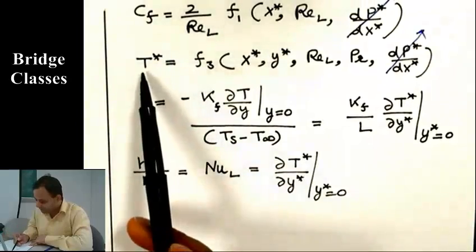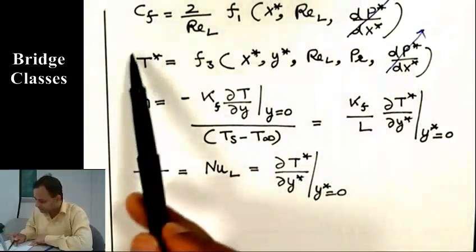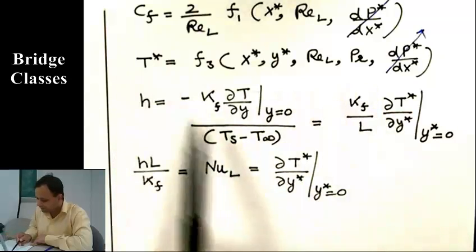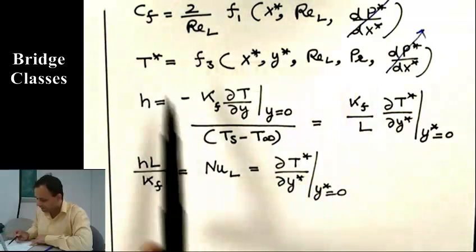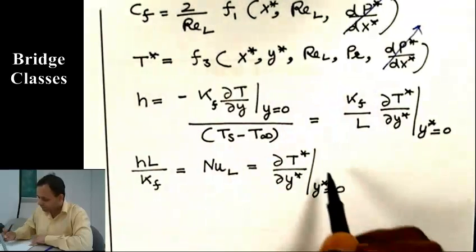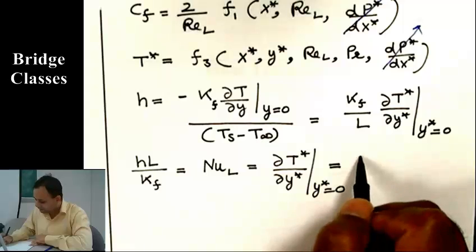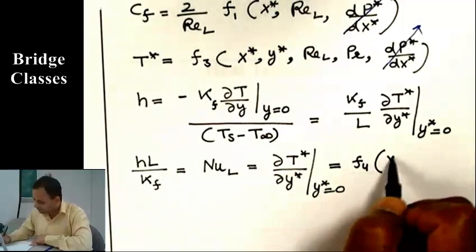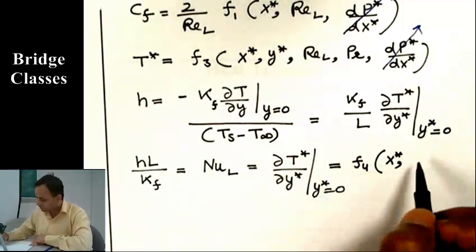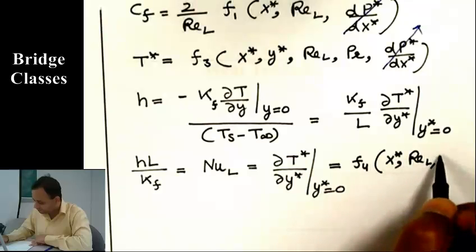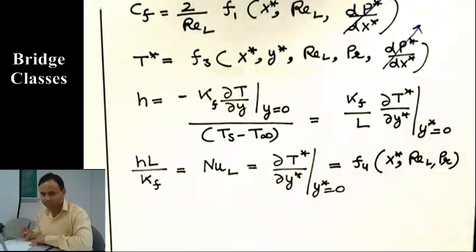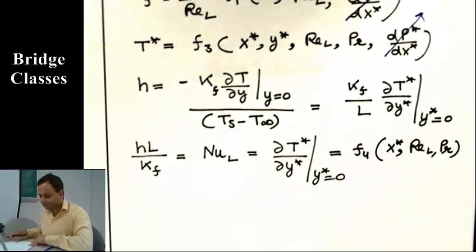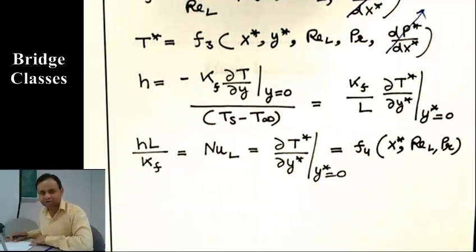Now look at this temperature. If temperature is given by this function, we differentiate this with respect to y star and take y star equals 0. So the result will be some function, say f4, of x star, Reynolds number, and Prandtl number. So these are the results we were looking for in terms of non-dimensionalizing the boundary layer equation.